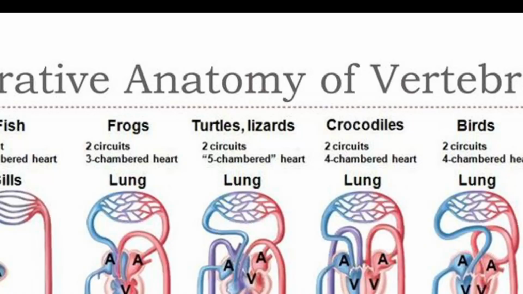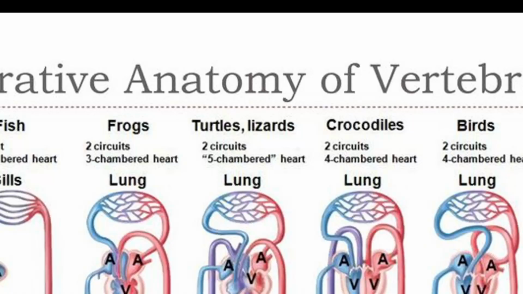Then come higher reptiles like crocodiles, which have two circuits, a four chambered heart, two atriums, two ventricles. Then come birds, which have two circuits, a four chambered heart, and mammals, which have two circuits, a four chambered heart again, two atriums, two ventricles.